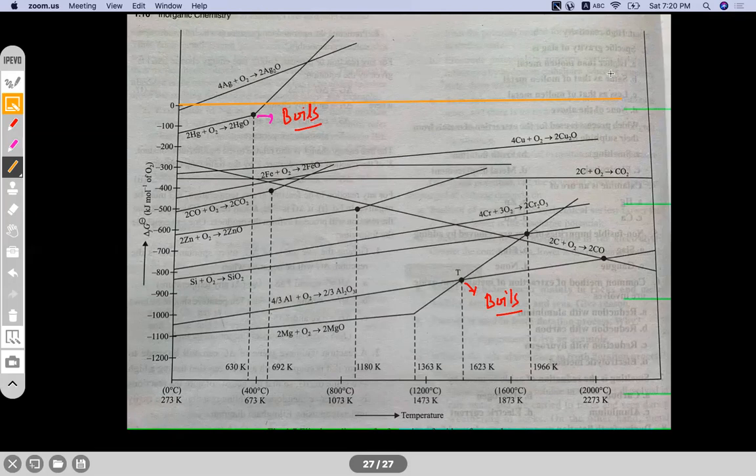Till that temperature, the oxide of a metal is stable. But when delta G becomes positive at any temperature, the oxide is not stable and can easily decompose into its metal. So write this point first: below the delta G equals 0 line, the oxides are stable.